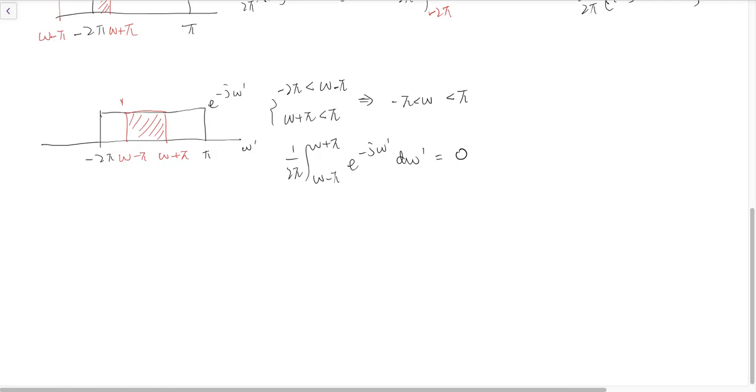And then there is the last case. Still, let's draw the signal here. I'm sorry, forget about the 2. Our signal is still moving along the omega prime axis, and it moves outside a little bit.